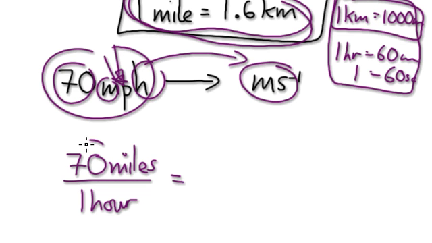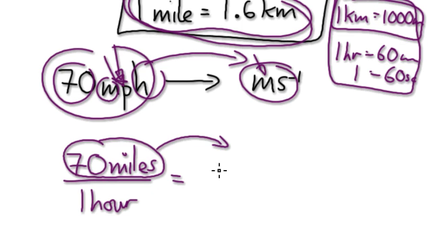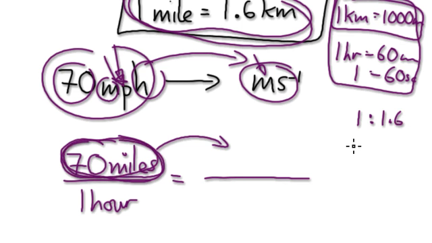Well, anyway, let's express this into kilometers here, and then from the kilometers we can jump to meters. So our aim is to get to meters here. So let's rewrite 70 miles in terms of kilometers. Well, if 1 mile equals 1.6 kilometers, then for 70 miles, this here will be 70, and then you want to know x.